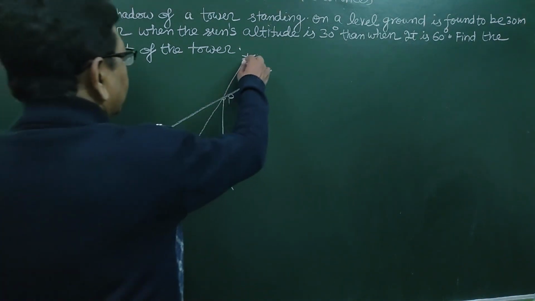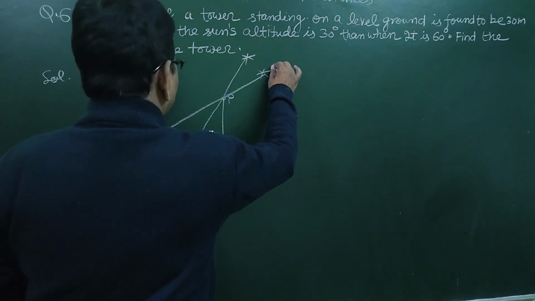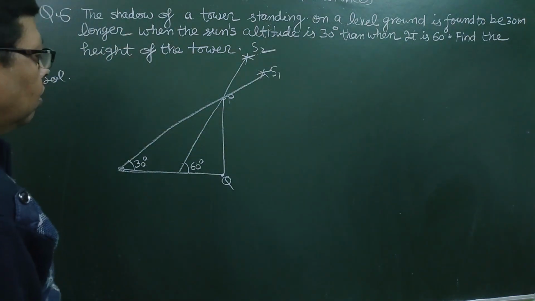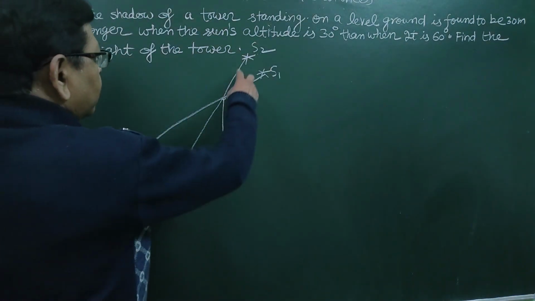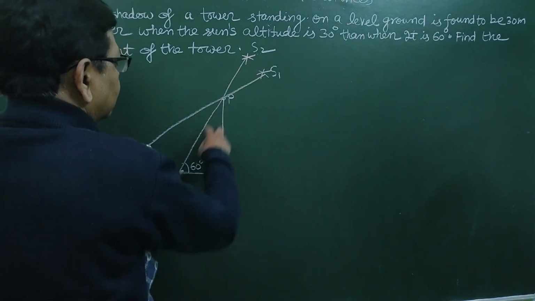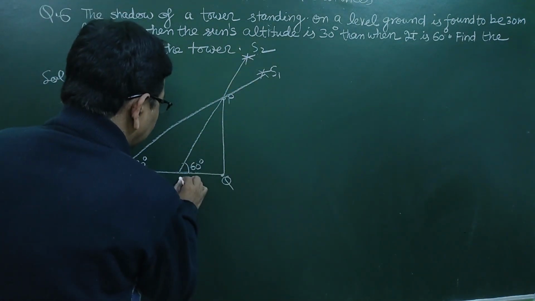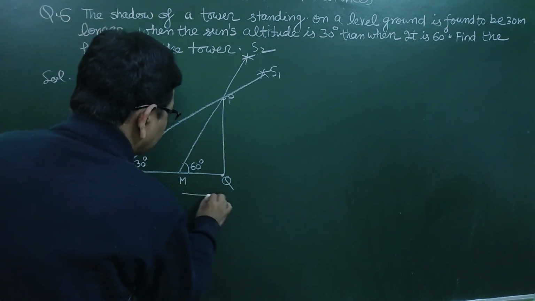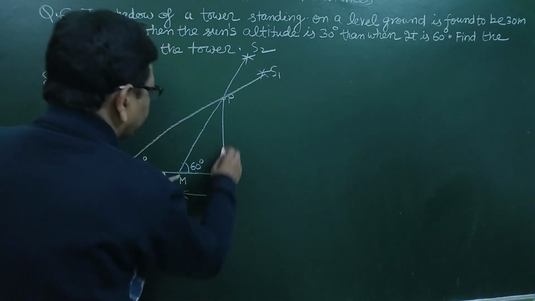In the first case, these are the two positions of the sun, S1 and S2. In the first case, the shadow is this much. Let this point be M here and this point be N here. So shadow is only this much, MQ.